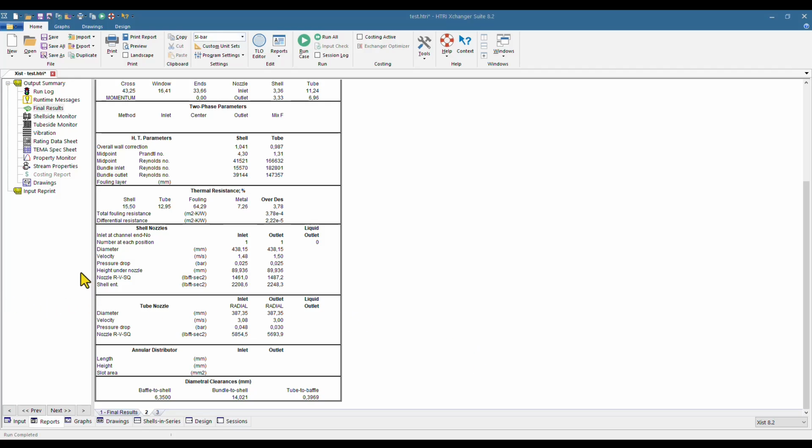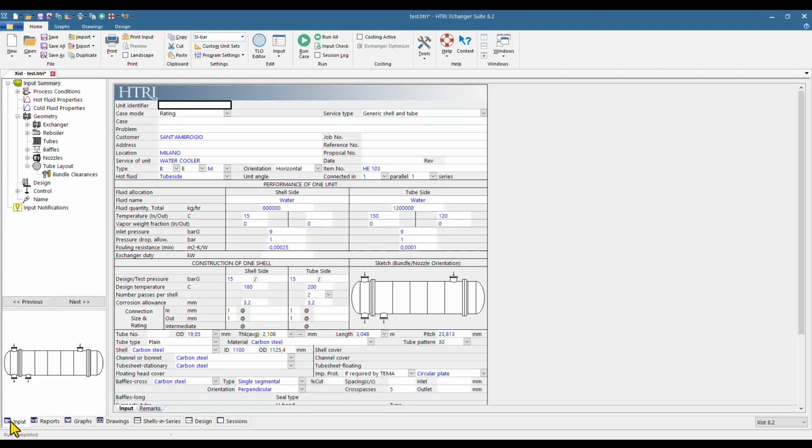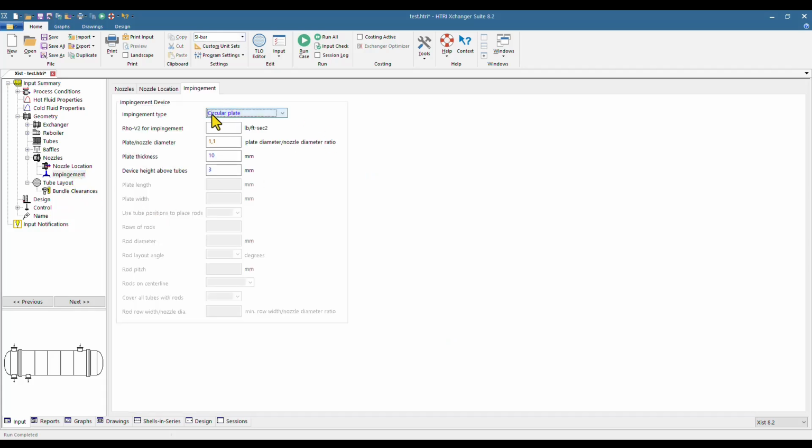If we come back to the input and then we look at nozzles, impingement here. If we want impingement device, circular plate. So if we are happy with the circular plate, we have just to write here a figure which is a little bit lower, 1400 for example, and then run again the case.